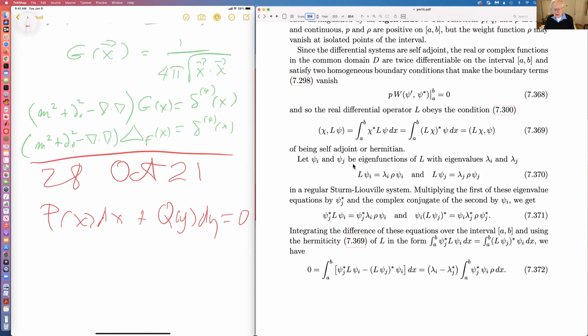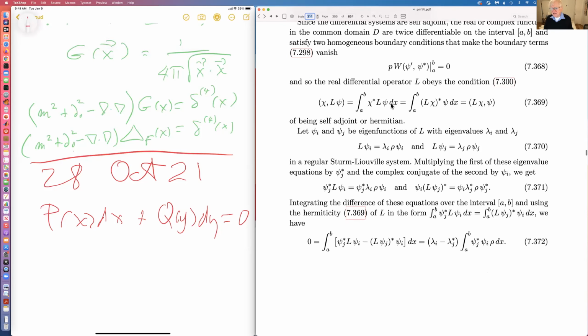So suppose psi i and psi j, I'm writing this in sort of quantum mechanics notation, are eigenfunctions of this real differential operator L with eigenvalues lambda i and lambda j. So we have these two eigenvalue equations.